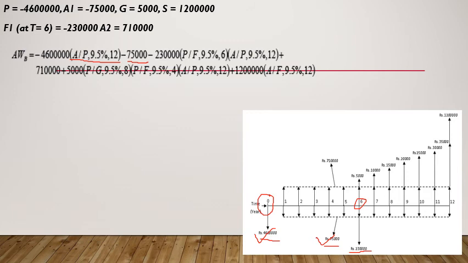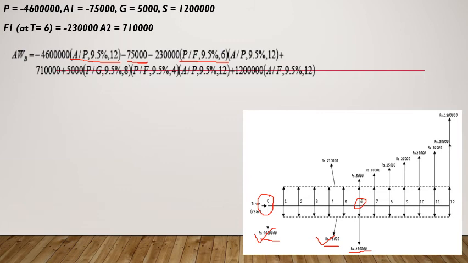Either it has to be converted into P and then to A using the factor A by P comma I comma N, or convert that into F at t is equal to N and then convert it into its A by using the factor A by F comma I comma N. So I have been converting that into P because it is convenient for me, that's all.